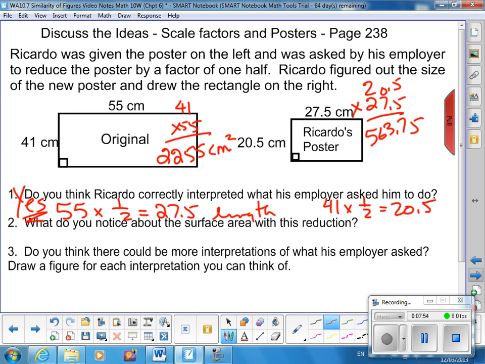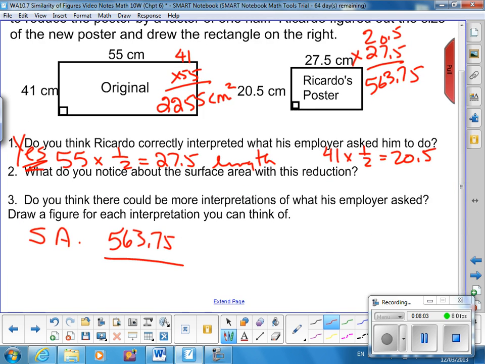If we take the scaled surface area and divide by the original surface area, we get a scale factor of 1/4.